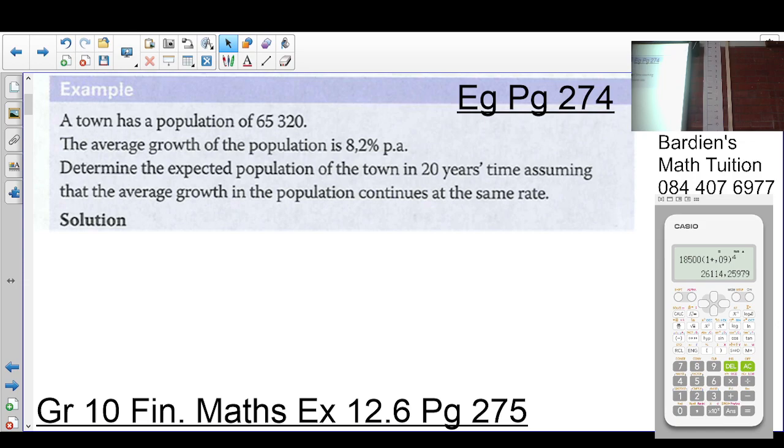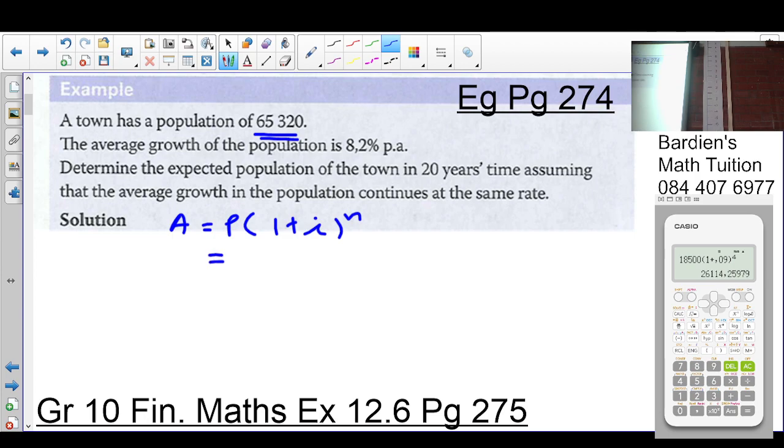Okay. So population, people, is basically based on the previous value. Okay. So because of that being the case, you're going to follow the formula A is equal to P into 1 plus i to the n. Okay. So it starts with 65,320.